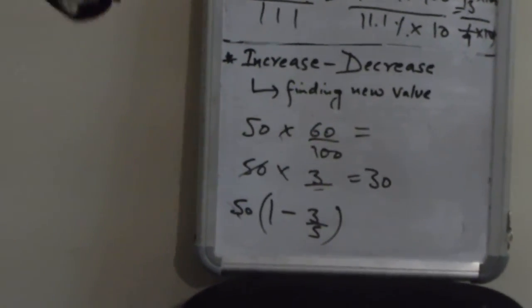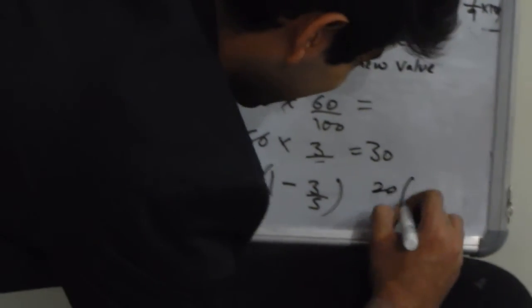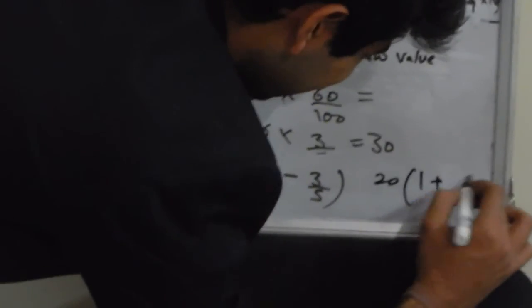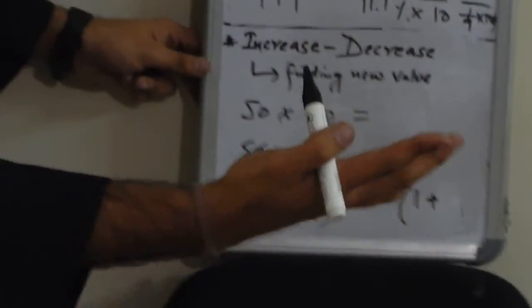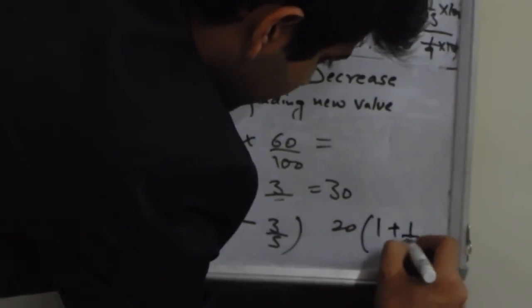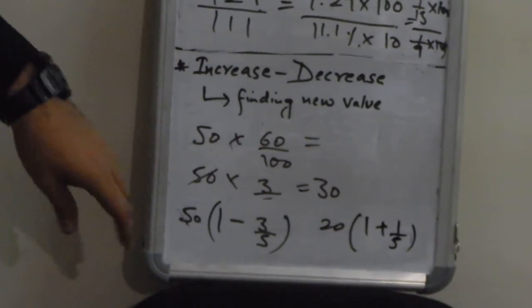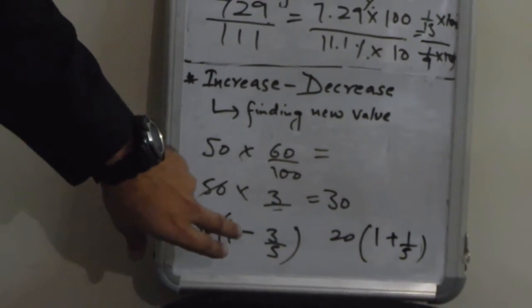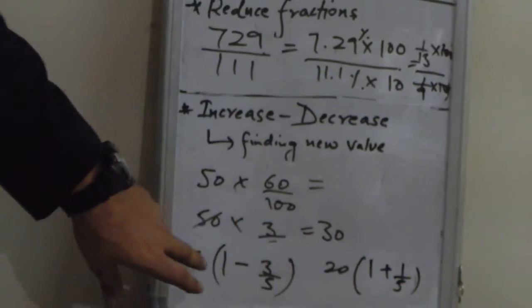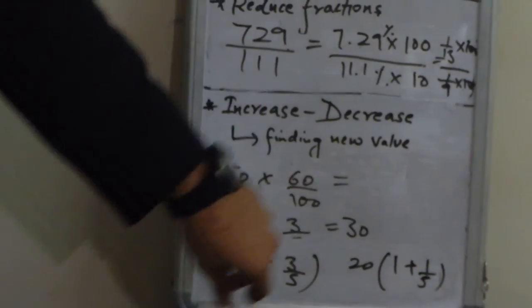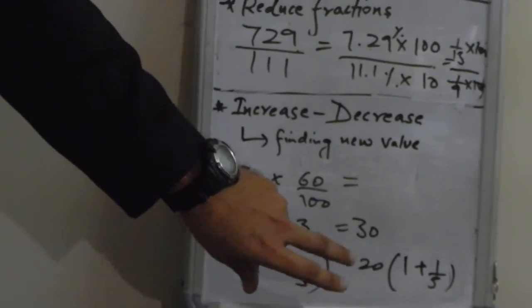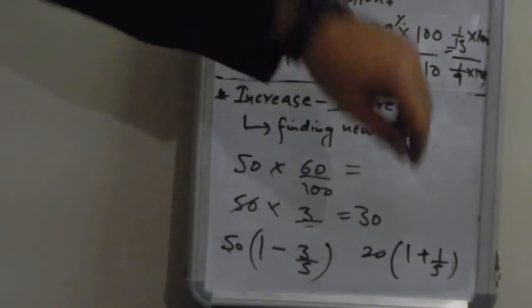Similarly, if we have to talk of an increase, we can write something like 20 into 1 plus 1 by 5, as there was an increase of 20%. So this is the way you can write decrease or increase, adding plus 1 and subtracting from it the value that you are required to subtract to decrease or increase.